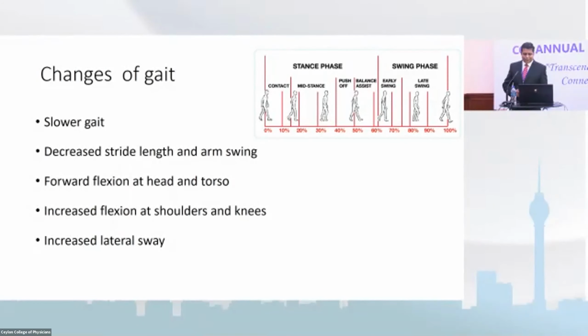As well, all these things change the gait pattern. So in the elderly, there is slower gait, decreased stride and arm swing, a bit of forward flexion, increased flexion at the knees and shoulders, as well as more lateral sway of the patient.